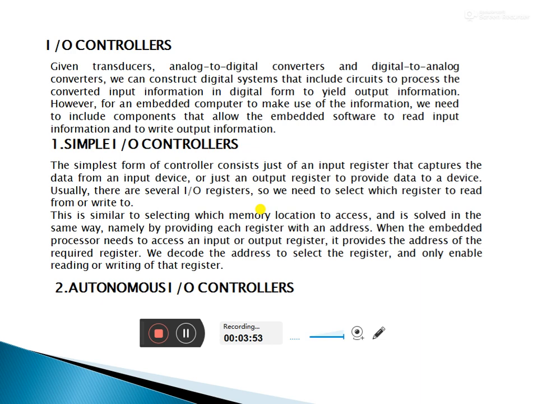If you give an embedded system, these systems are controlled digitally by software. According to that software we have to control these devices. There are two types of IO controllers: one is the simple IO controller, another is the autonomous IO controller.